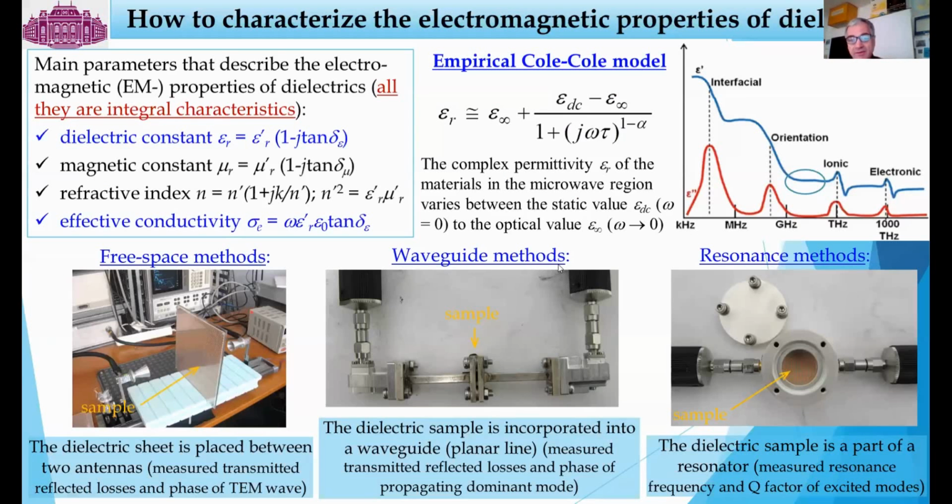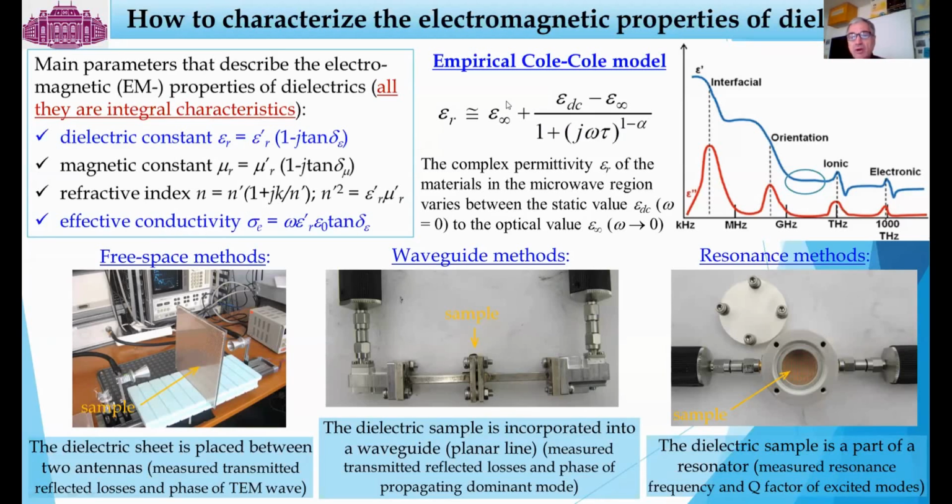In the microwave range, the situation is somewhat different. We usually have the following quantities, for example, dielectric constant, magnetic constant, refractive indexes, and effective conductivity of materials.